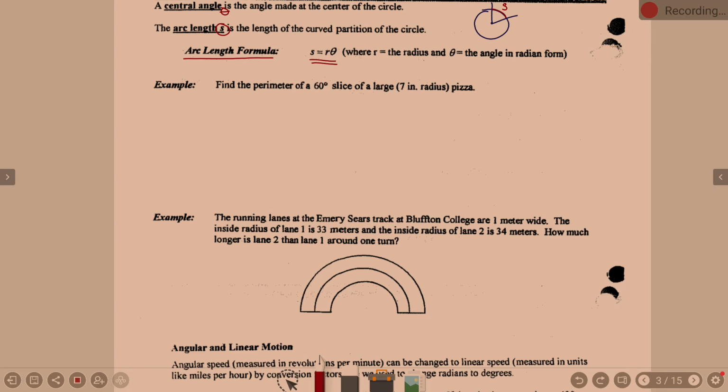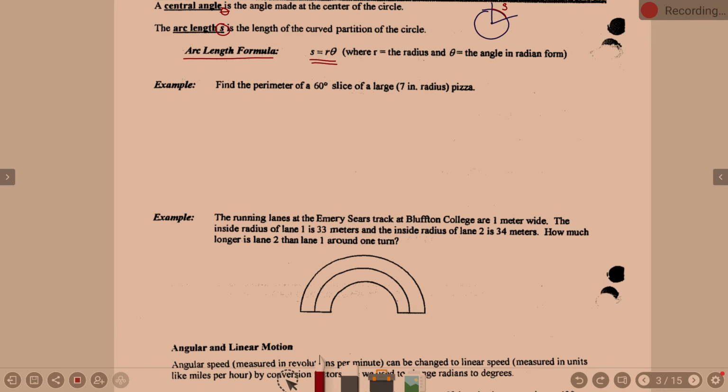Okay, so, example here. Find the perimeter of a 60-degree slice of a large 7-inch radius pizza. So the perimeter of a slice of pizza. What do I mean by perimeter? All the sides added up, yes?